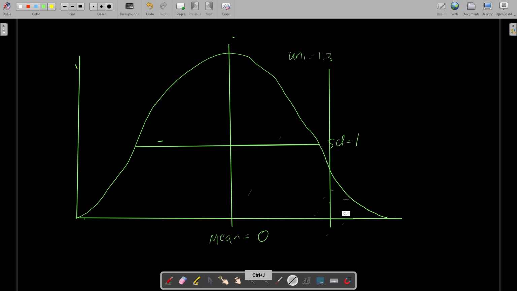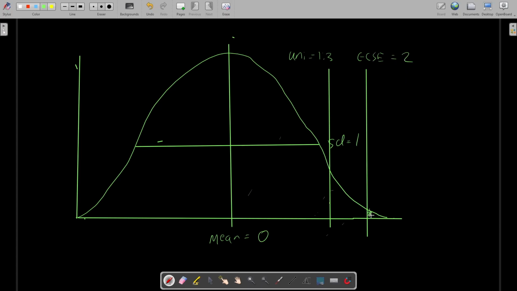Our GCSE student, however, they had a Z score of about 2. So we put it out here. This isn't really properly to scale, but I'm bad at drawing. So GCSE equals a Z score of 2.